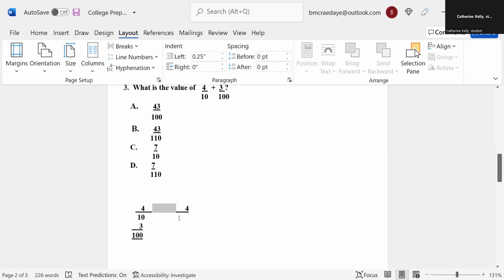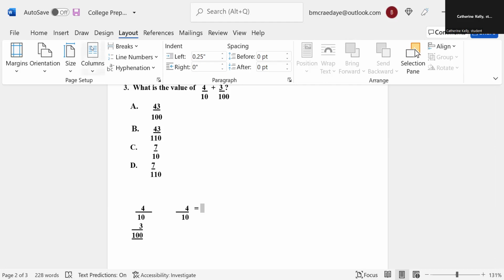Okay. Now 4 over 10, I'm asking you, is equal to what number over 100? So let me put the 10 here. It's not 2, right? No, it can't be 2.